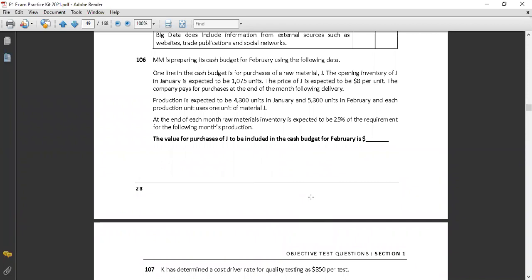Value to be included. No, we didn't. So let's take it up. 106.